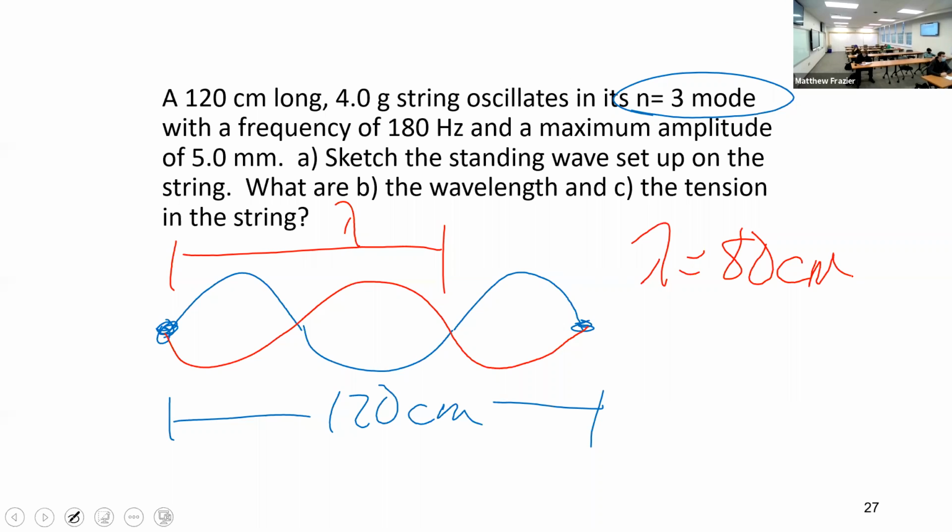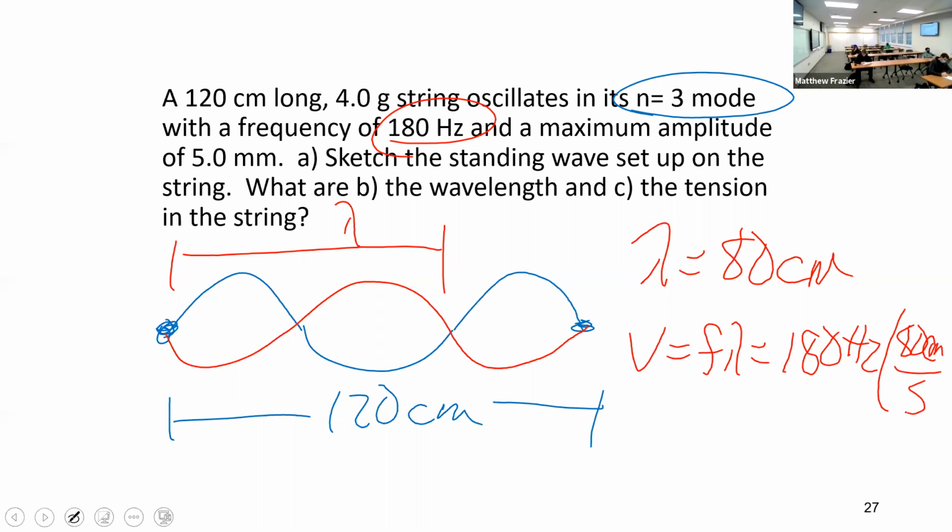Now it's asking, what is the tension in the string? Well, the tension is related to the mass per unit length and the velocity. The velocity we can deduce because now we have the frequency and the wavelength. So v is f lambda, is 180 hertz times 80 centimeters per second.